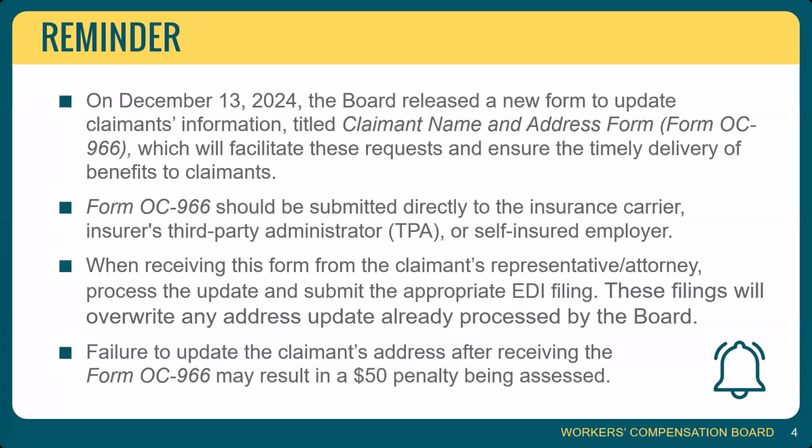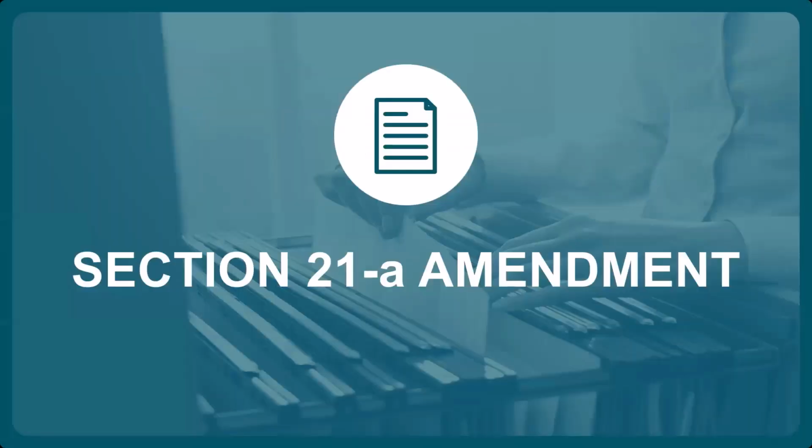Now, I do want to point out one thing, that if you do fail to update the claimant's address after receiving the Form OC966, this may result in a $50 penalty being assessed against the payer. So please be mindful when you do receive these from the attorneys, or if you get a subsequent follow-up email from the board's eClaims unit, that it gets processed accordingly. Next up, I'm going to turn it over to Mike for the next few agenda items.